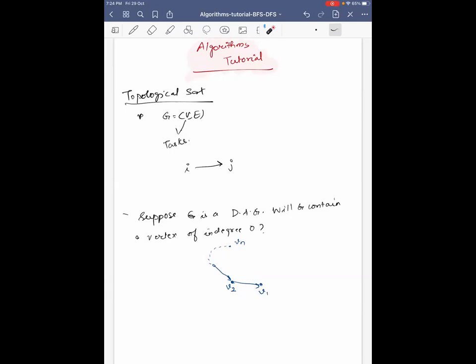So that's going to complete a cycle. Okay, right. So that would be a contradiction. Therefore, G always contains a vertex of in degree 0.